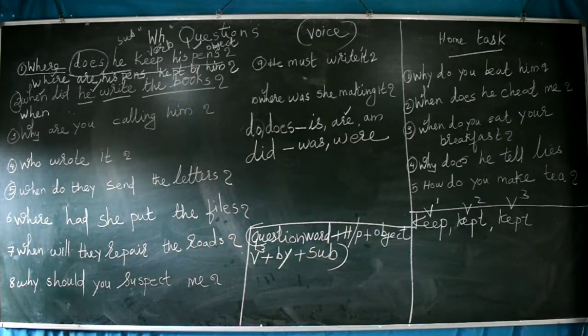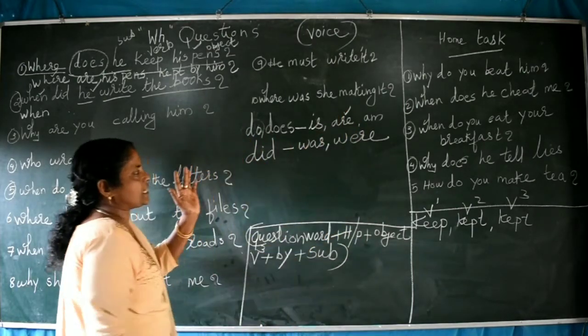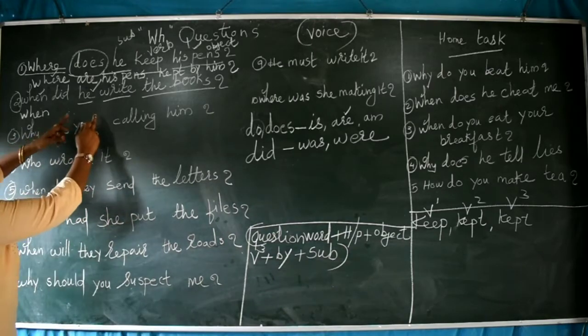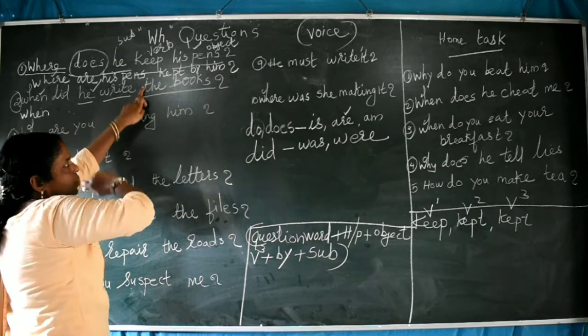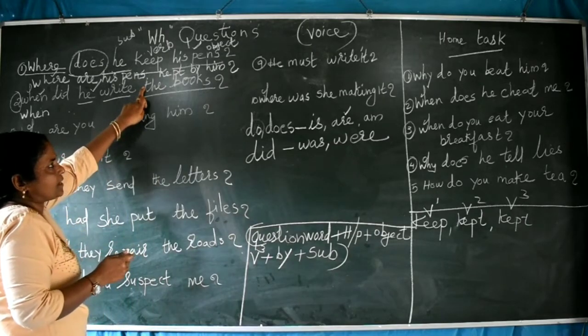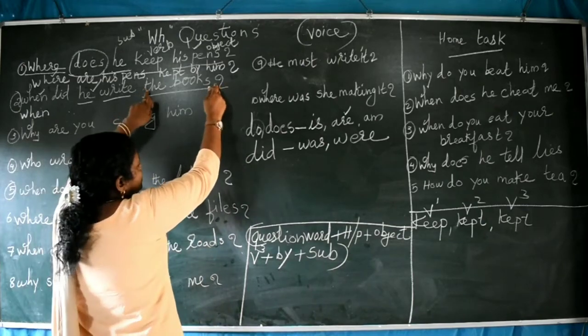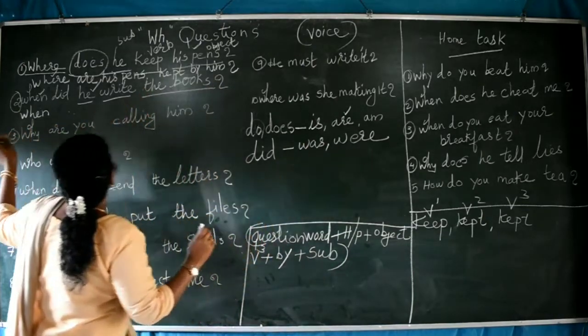Was or were, which one will be selected? That is the next assignment you have. Listen here. He write the books, always in the passive voice. According to the object, we select the helping verb. The books, that is plural, so not was, were.